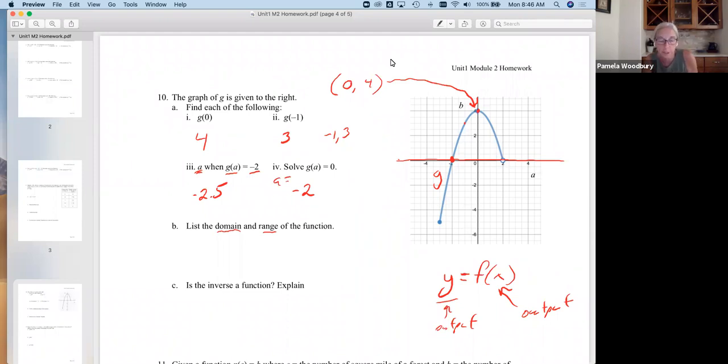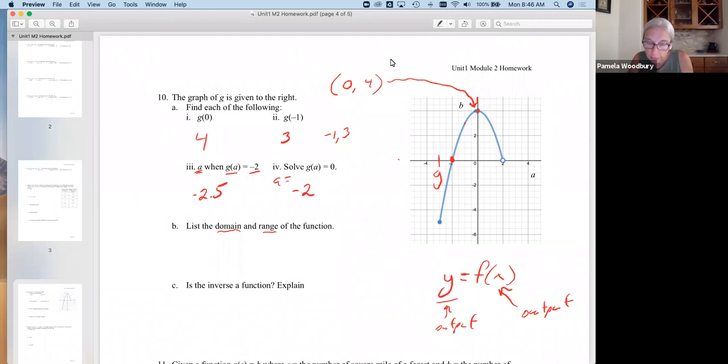It just stops. And so for the domain, I need to ask myself: what's the smallest possible input value, and what's the largest possible input value? Here I see that at a equal -3, that's the farthest to the left that I see any points on my graph.